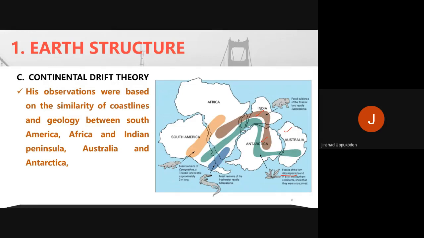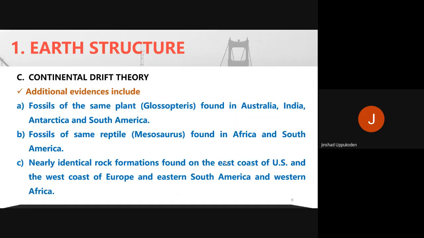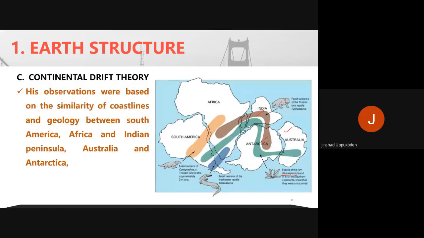Similarly, a reptile, Mesosaurus, was found both in Africa and South America. You can see the Mesosaurus here, observed in both these areas.